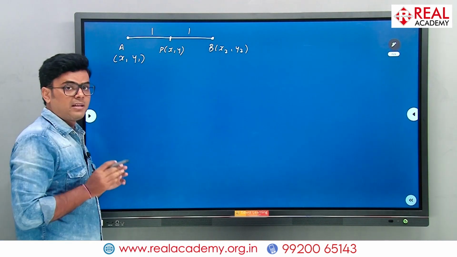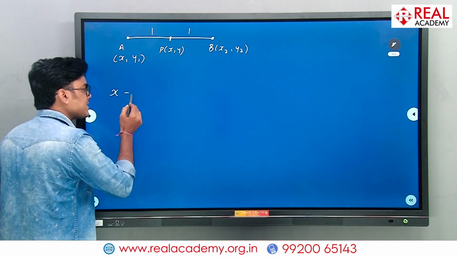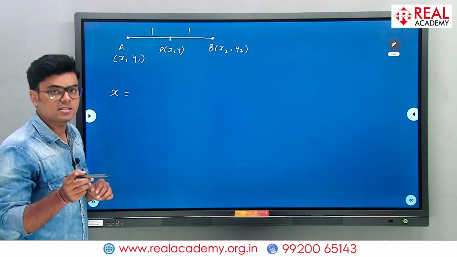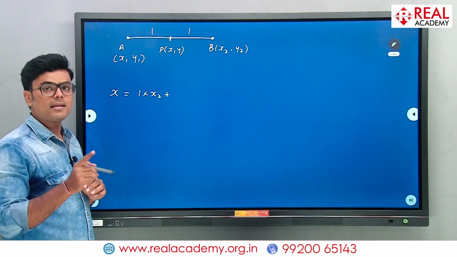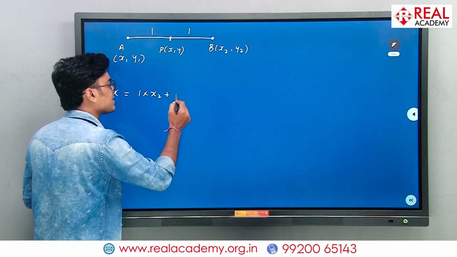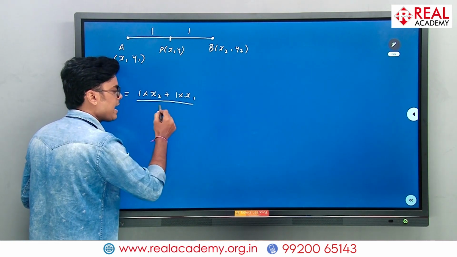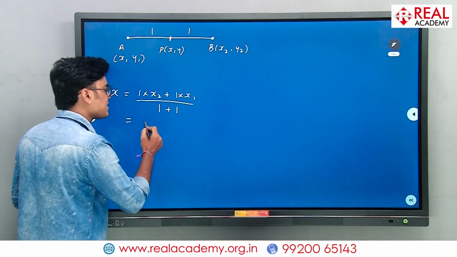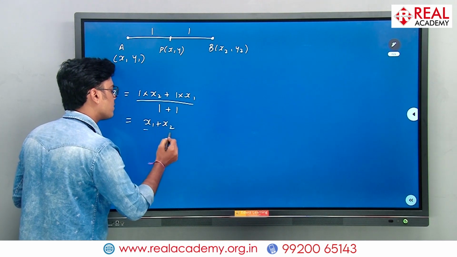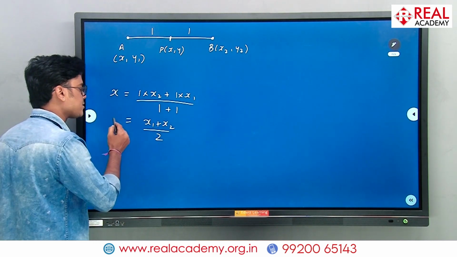That's why, if we use the section formula, this becomes 1 into x2 plus 1 into x1, upon m plus n. So what is the formula? x1 plus x2 upon 2.